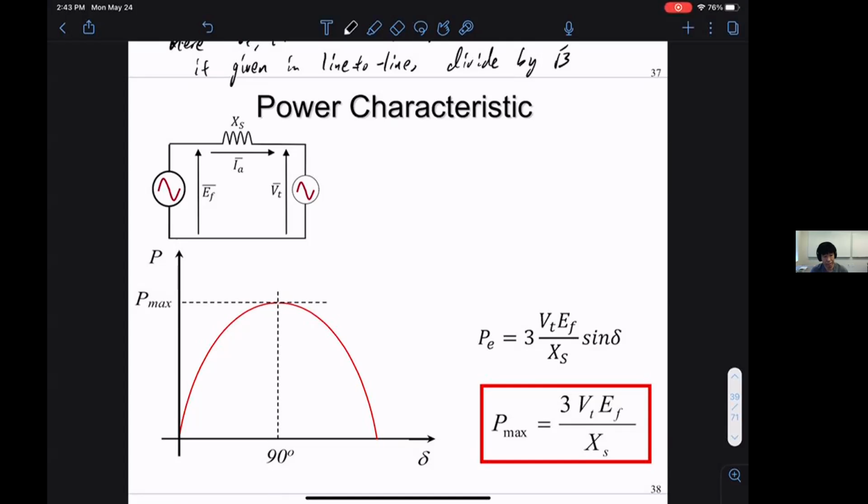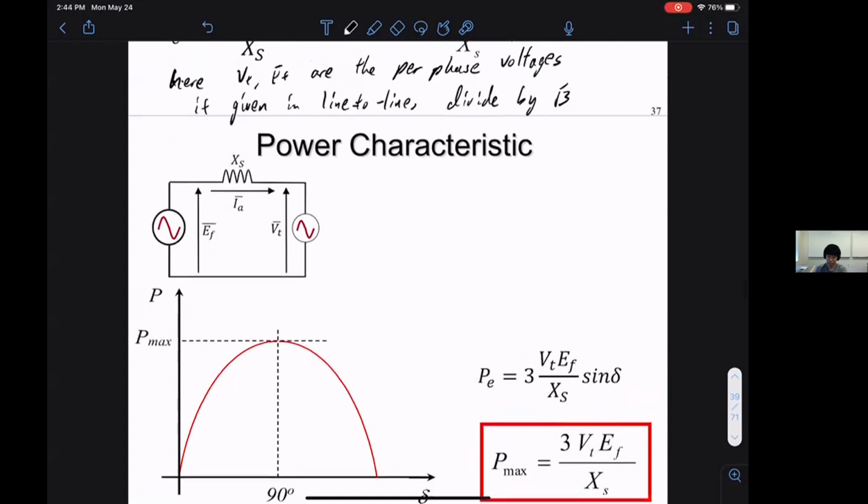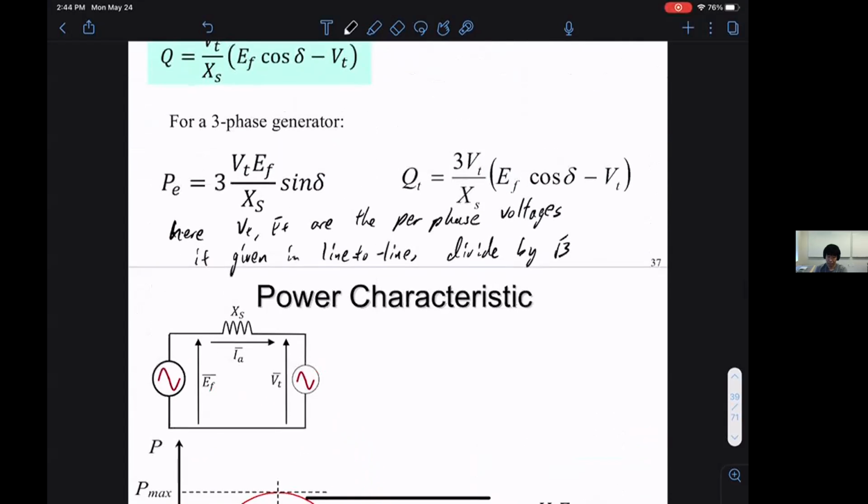Any questions about that? I've got a question. For the P max, you said it's multiplied by the E_F. Is that like the total of the sine part and the cosine parts also, right? For the P max? E_F is just the magnitude of the field voltage. Oh, okay. So the sine and cosine components are not counted.